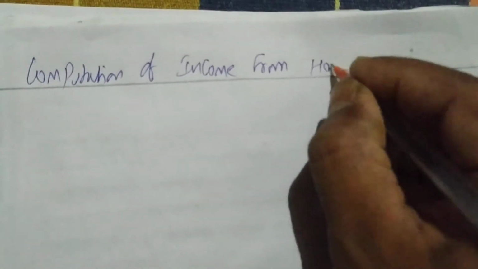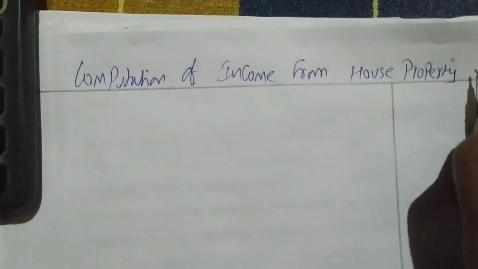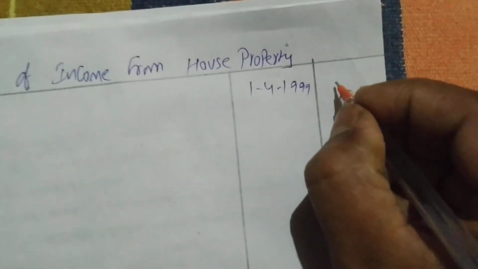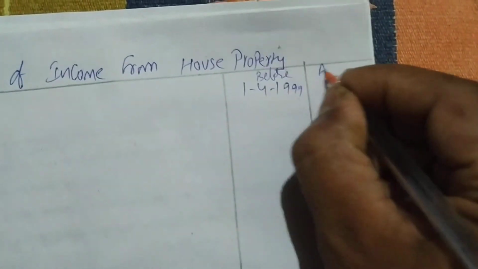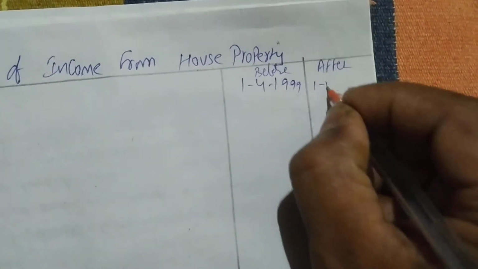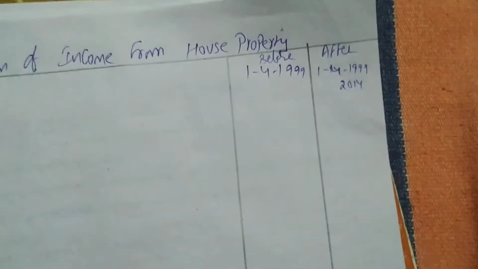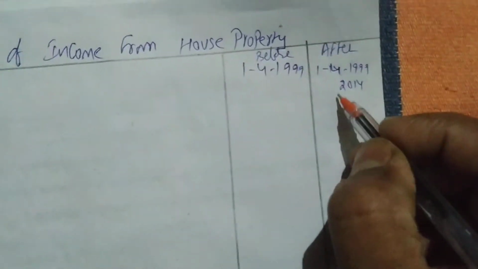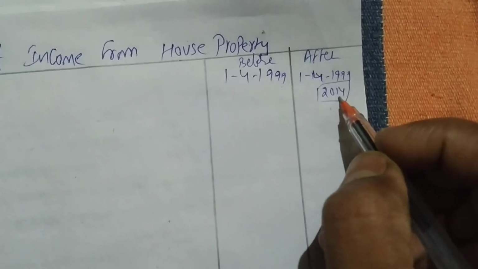House property. Okay, name is not required. So this is 1/4/1999 and this is before. This is before, and this is, he says, after. After means 1/4/1999 because he is taking loan in the year 2014. Okay, so 2014 means after 1/4/1999, right? After 1999 is 2014 will come.